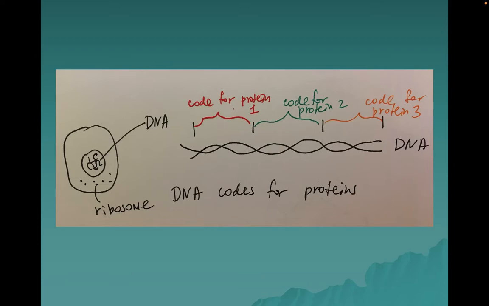This is because sometimes proteins can be very complex and they need to be assembled from more than one kind of block, more than one sort of bundle of amino acids or polypeptides. A good example of this would be hemoglobin.